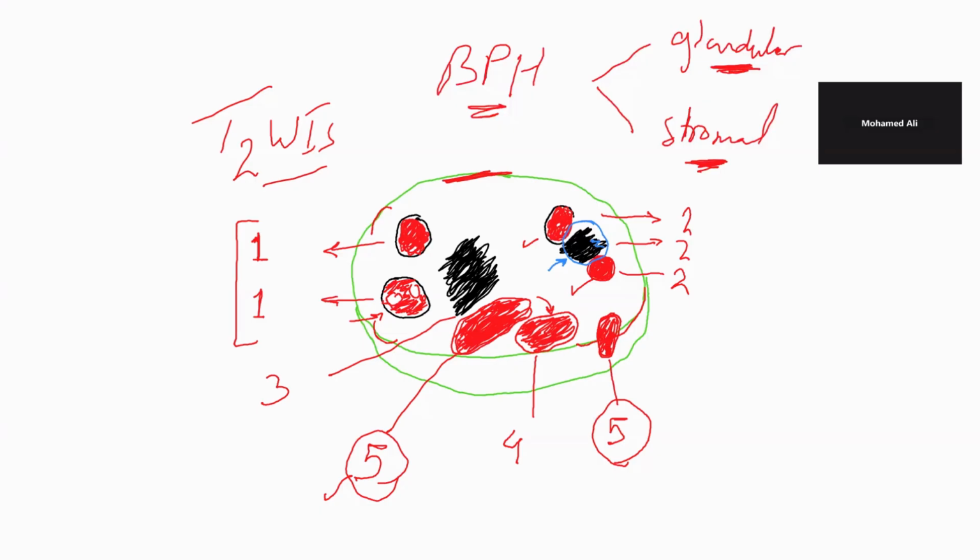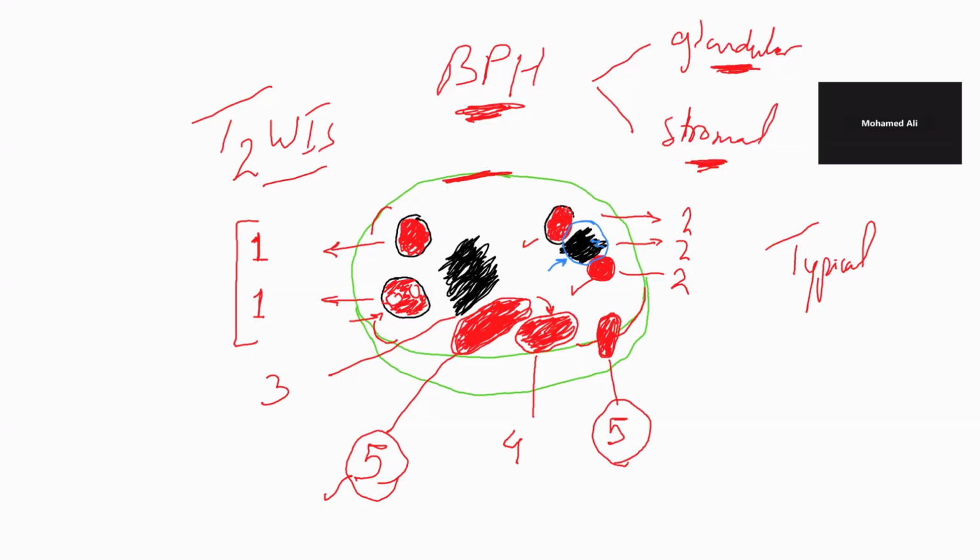Another important point here, the typical benign nodules in benign prostatic hyperplasia can display different signal intensities, can show different diffusion restriction, can show different contrast enhancement on the dynamic contrast study.